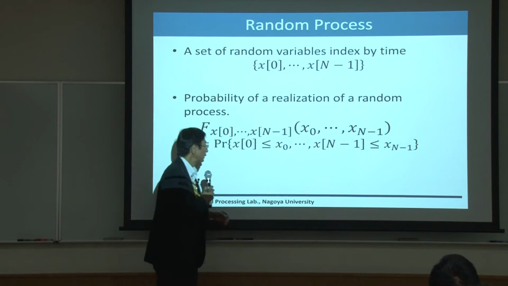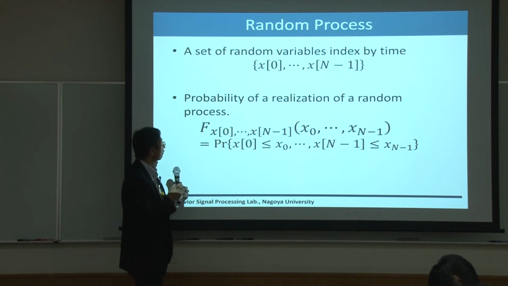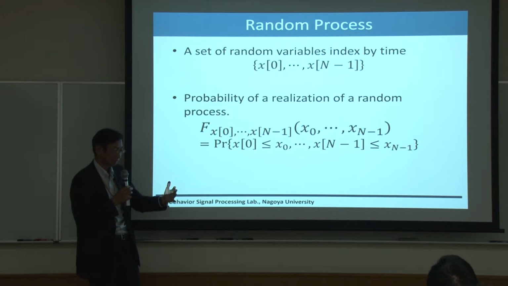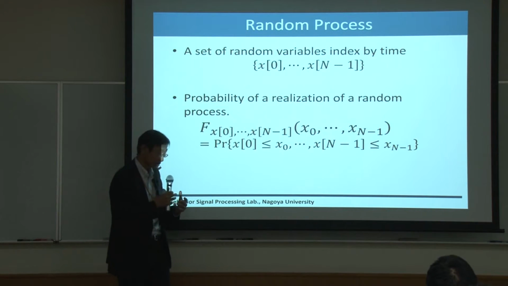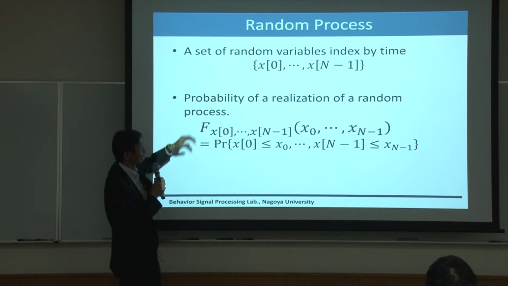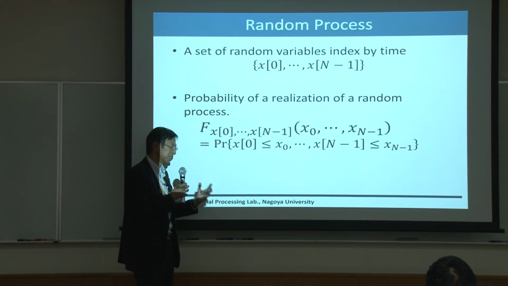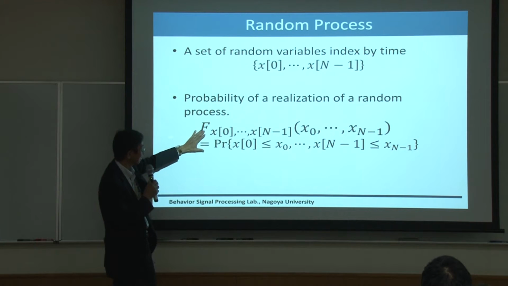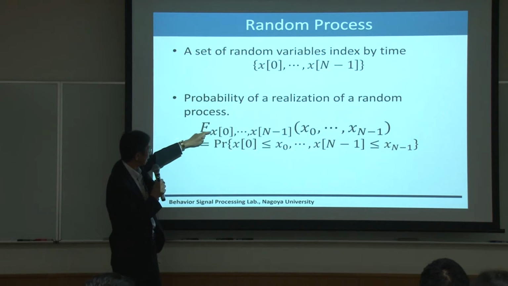So the probability of a realization of a random process, say you try a measurement that gives you 100 samples of data from a stochastic process, the probability that you get such 100 data is described like this. This is complicated, but please be careful.